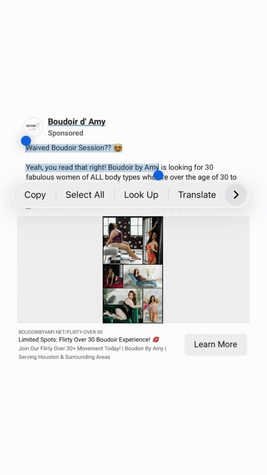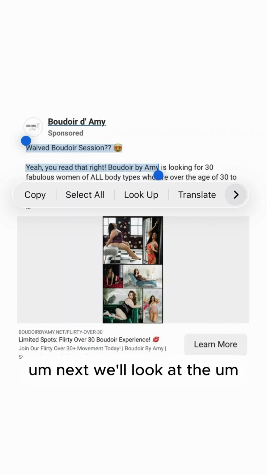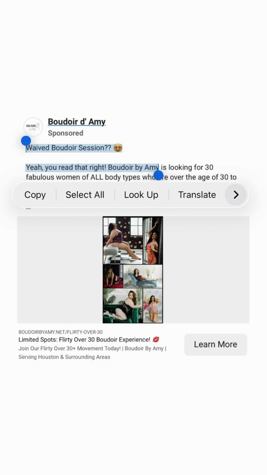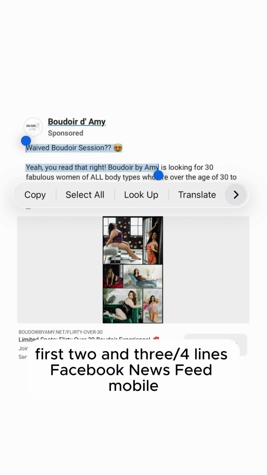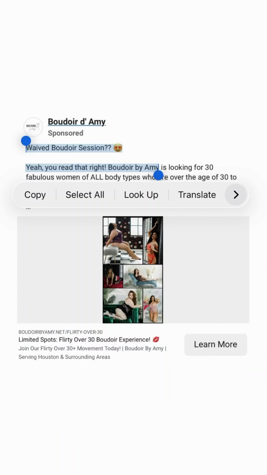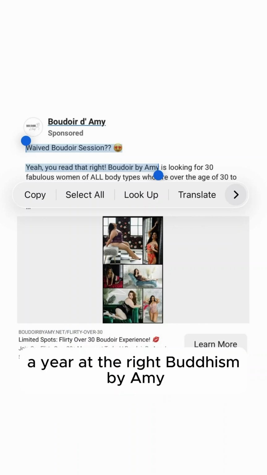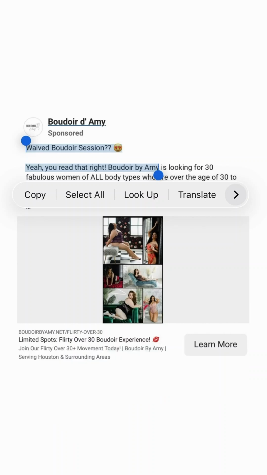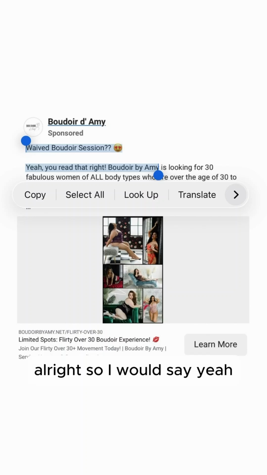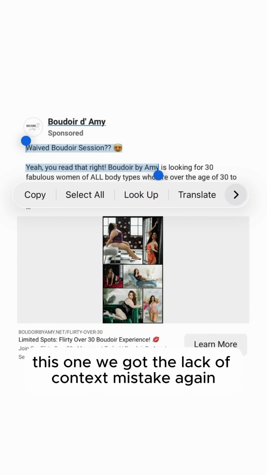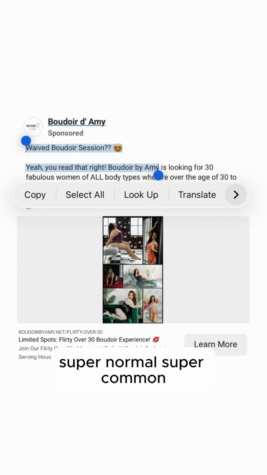All right. Next, we'll look at the see more headline, the first 2 3/4 lines in the Facebook newsfeed on mobile. So let's see what we've got. We got Wave Boudoir session. Hey, you're the right, Boudoir by Amy. All right, so I would say, yeah, this one we got the lack of context mistake. Again, super normal, super common.